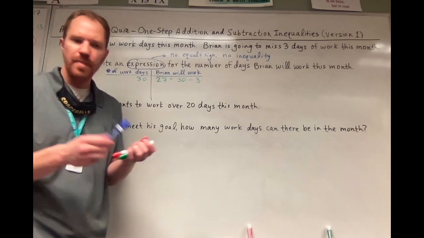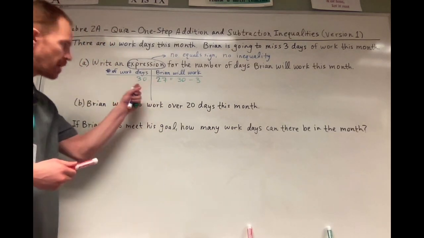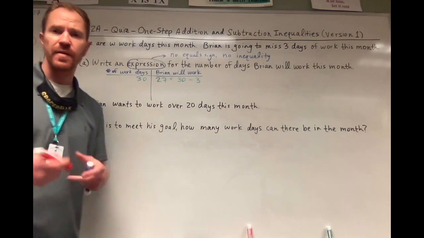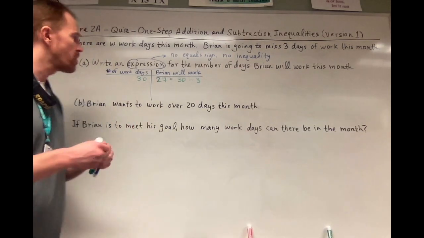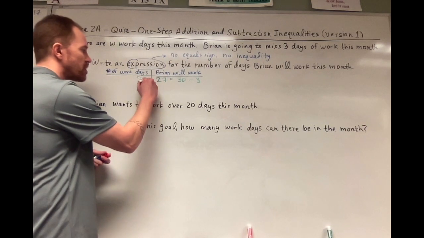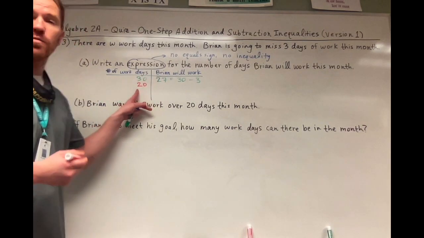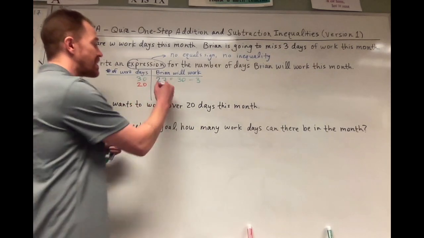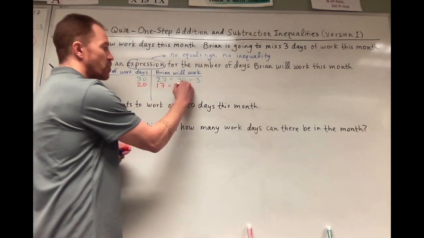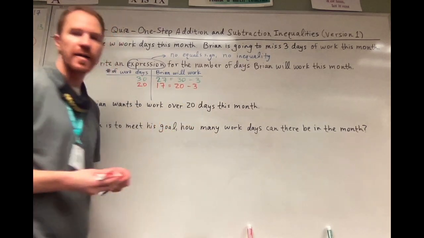But if not, let's pick a couple other numbers of days. Most months have 4 weeks, 5 work days in a week, so that'd be 20 work days. If there's 20 total days of work in the month and Brian misses 3, he's going to work 17 days, and that's the 20 work days minus the 3 Brian's going to miss.